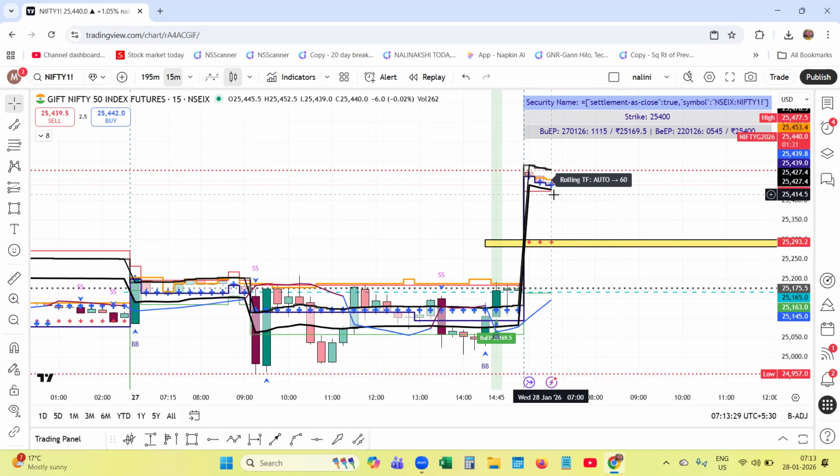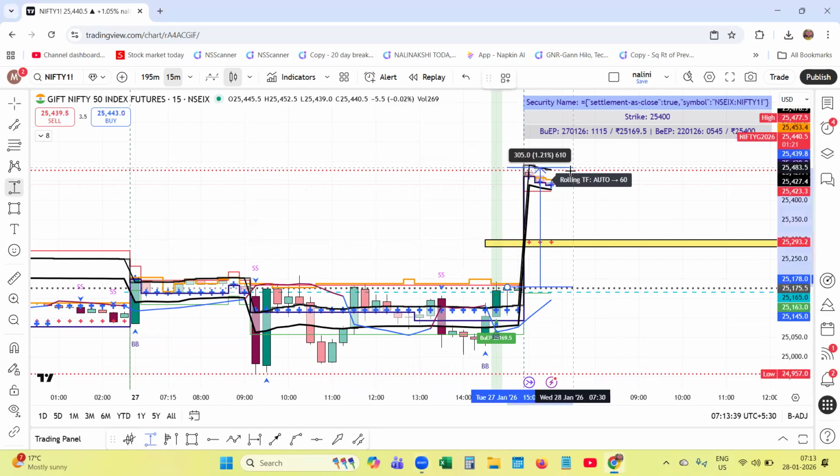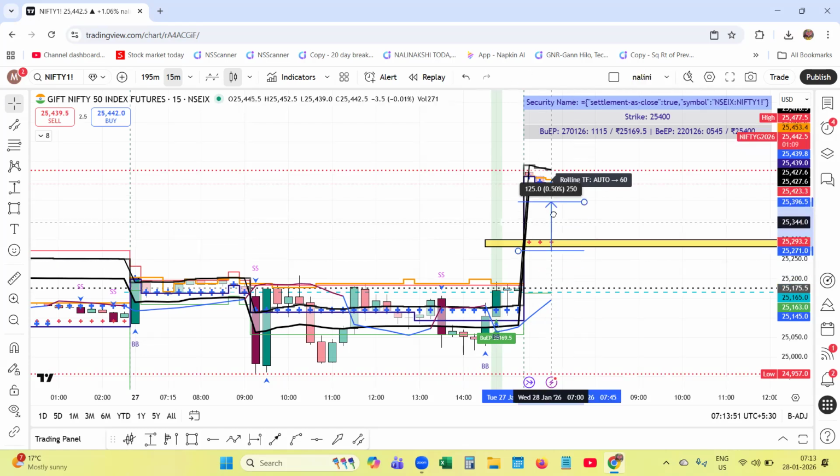enter into the market. Anyway, this is a wide range, from 25,175, a 300 points range. So it may come down a little bit. If it comes down to this TPO, it may be 125 points down.